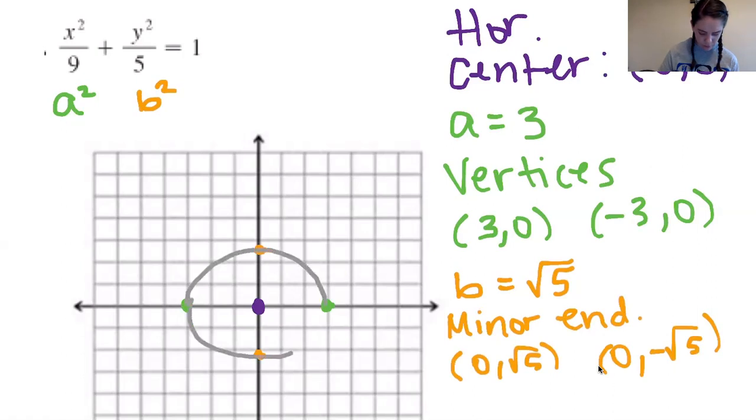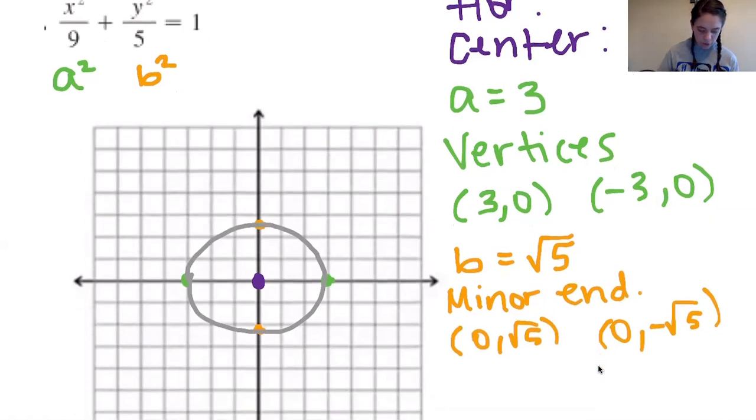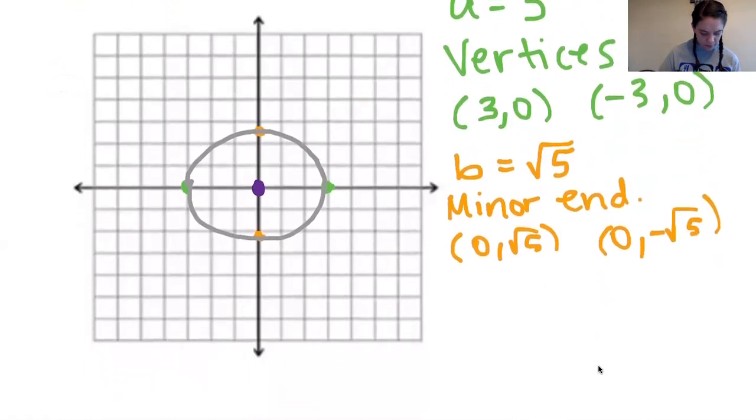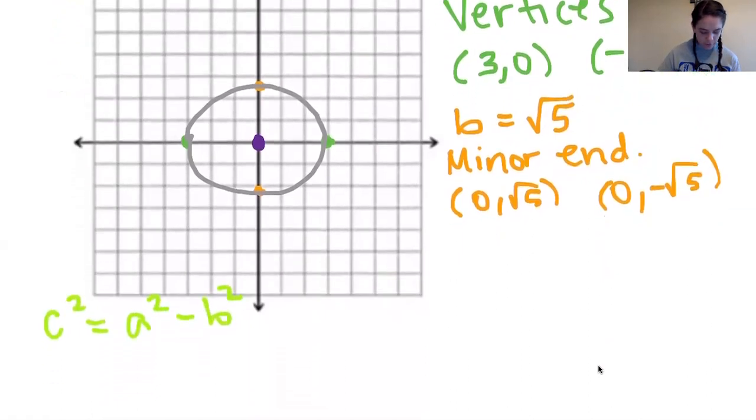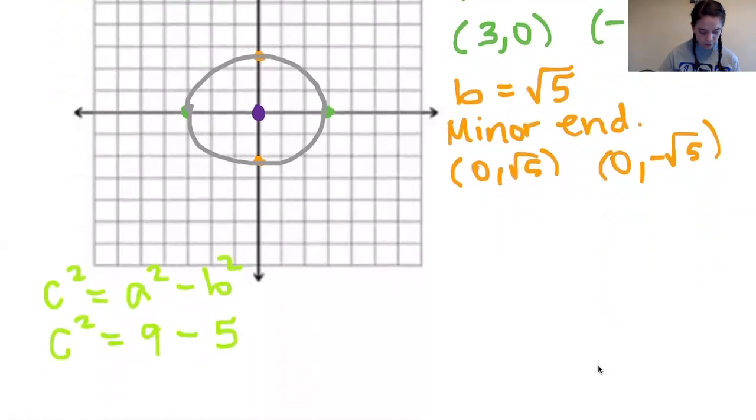So here is our ellipse. The last thing that I'm worried about are the foci. If you recall, we calculate C by taking C squared equals A squared minus B squared. We know that A squared is 9 and B squared is 5, which makes C squared 4.